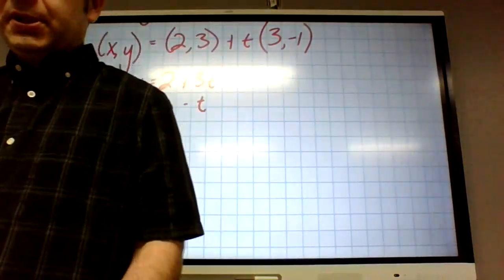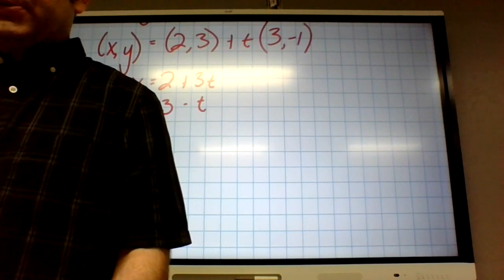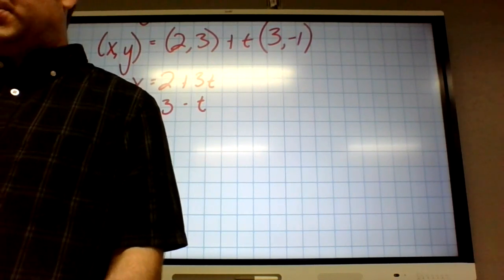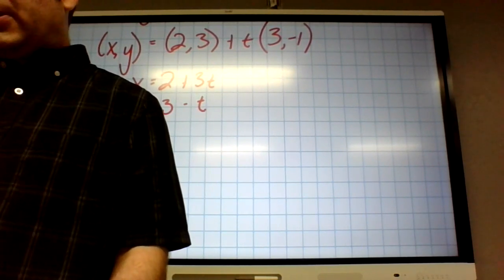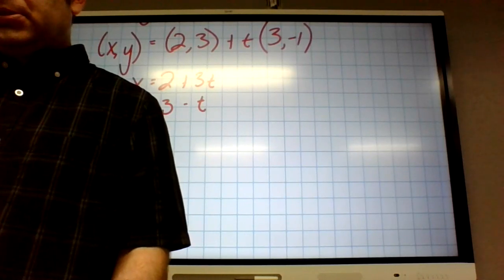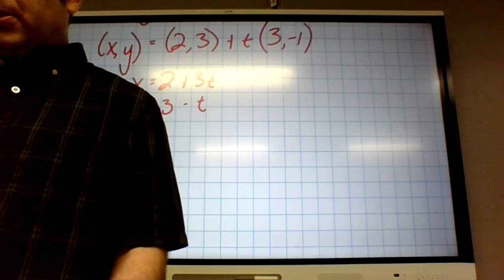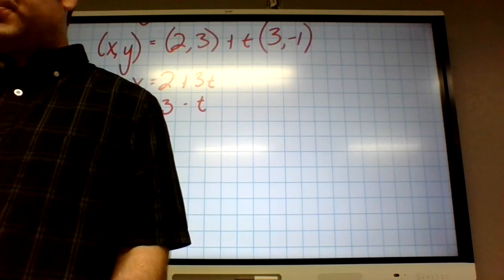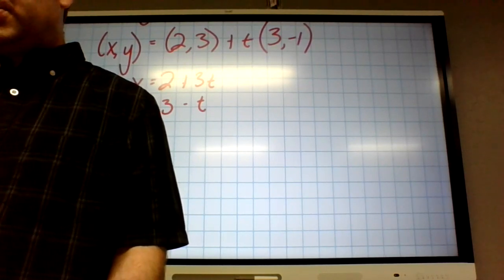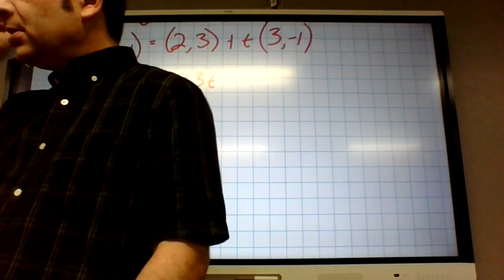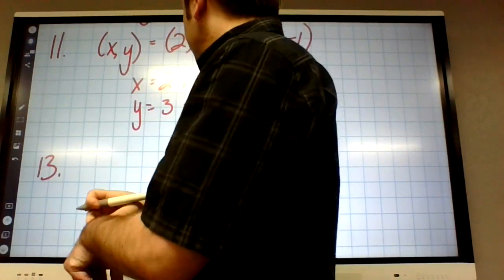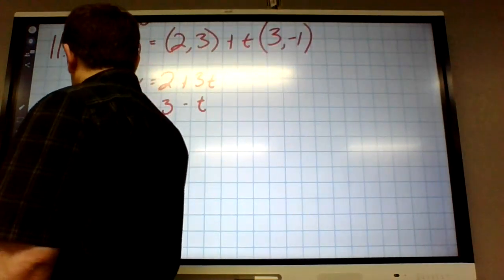Okay, 13. A line has vector equation xy equals 3, 2 plus t, 2, 4. Give parametric equations, plural, there's an x equals and a y equals, and a Cartesian equation of the line.